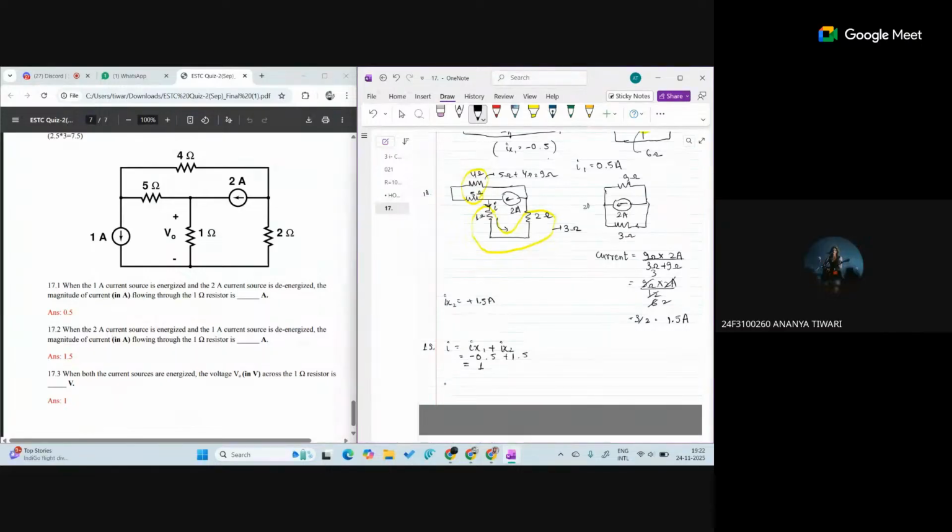And now we have to find the voltage. So voltage V naught would be I into R. 1 ohm into 1 ampere, so this will be 1 volt. Yes. Is this correct?